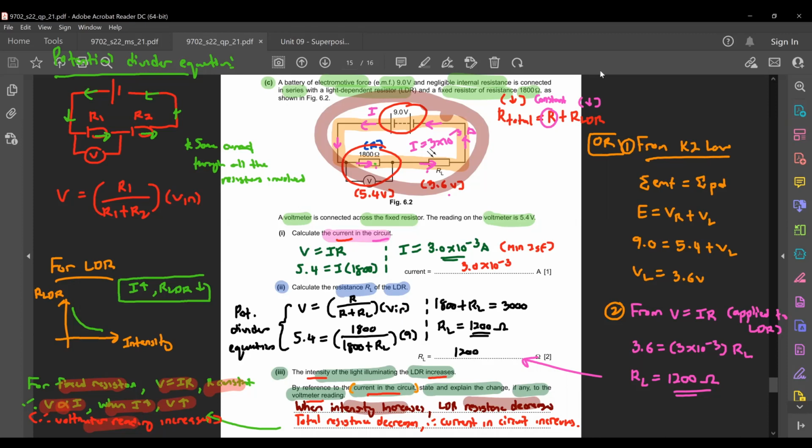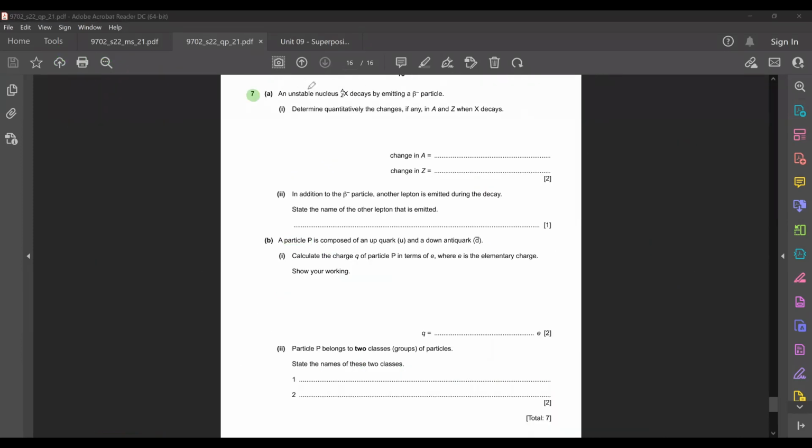All right, for the last question on particle physics, you have an unstable nucleus X, A, Z that decays by emitting a beta minus particle. Describe quantitatively the changes, if any, in A and Z when X decays. So quantitatively here means you need to give some sort of numerical value, which means that you need to do some sort of calculation.